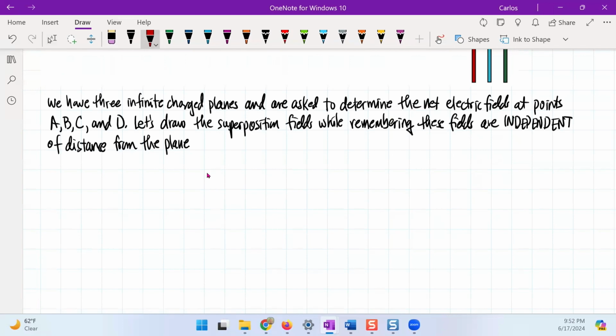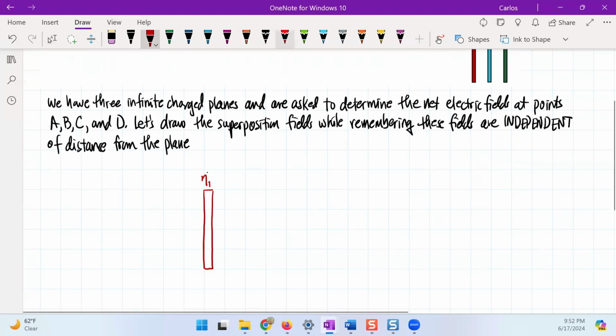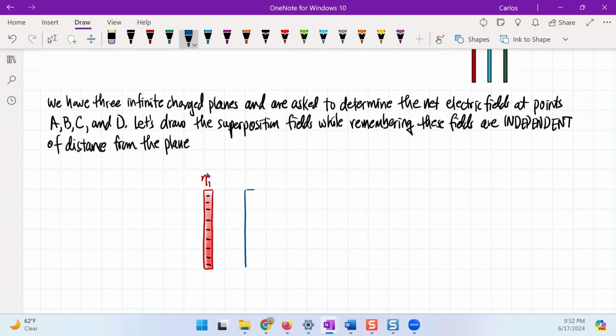So I'm going to imagine that I have one, let's say this big, and that's going to be eta 1. And according to what the problem says, this is a negatively charged infinite plane. Then I have my middle plate, and this one is positively charged.